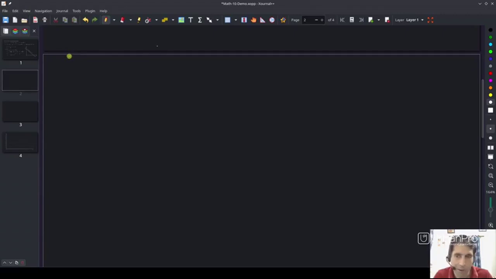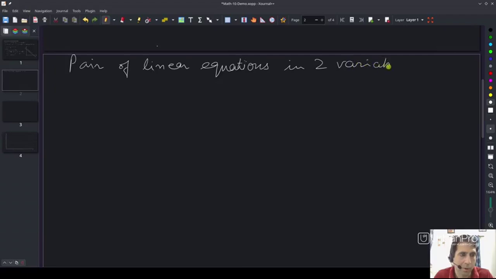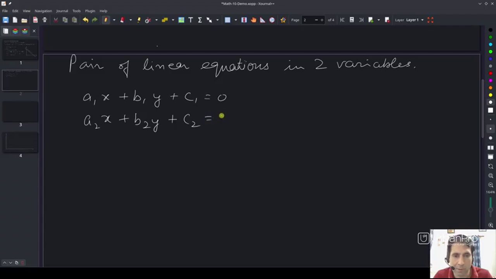A pair of linear equations in two variables is represented as a1x plus b1y plus c1 is equal to 0, and a2x plus b2y plus c2 is equal to 0.